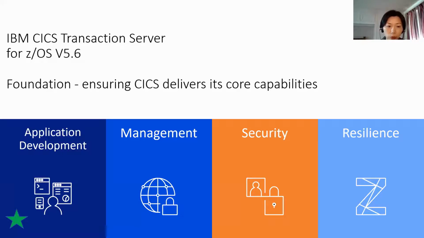We also improved the management space so system programmers can better manage the system with less effort. And on the security and resilience side, we made the system more secure and able to react to an influx of workload without taking the system down or impacting many other workloads. So let's go through these 4 areas, focusing on the core CICS functions we provided in the 5.6 release.